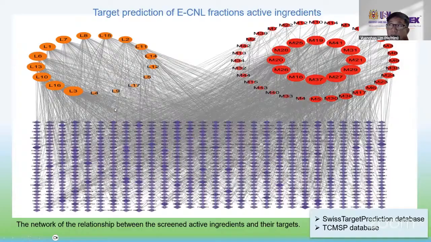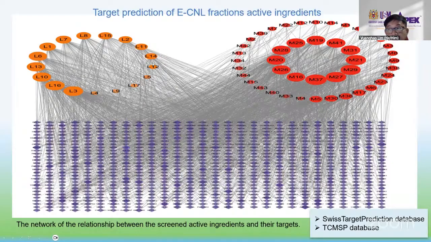So we go for the target prediction. Once the candidate compounds were identified, we predicted their molecular targets using Swiss Target Prediction together with the TCMSP database. This computational approach basically estimates which human proteins are likely to interact with the identified phytochemicals, as I mentioned earlier.